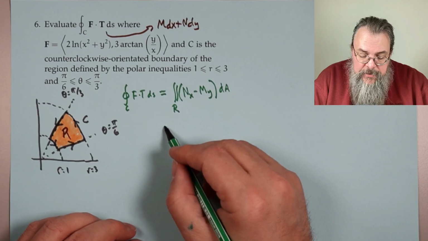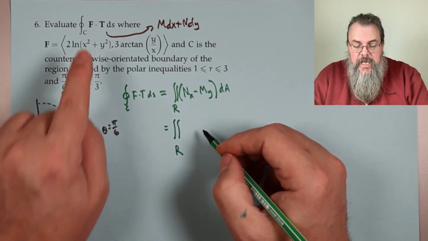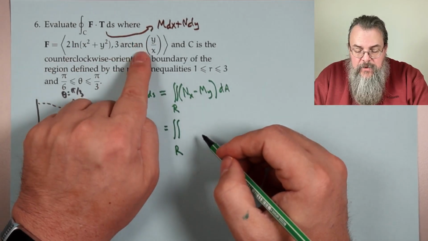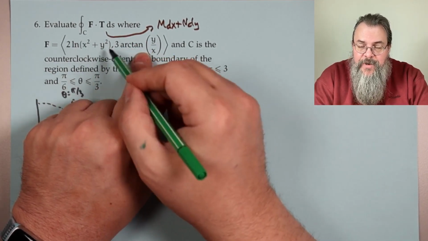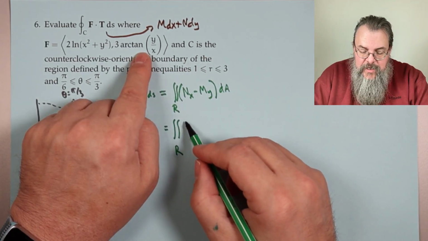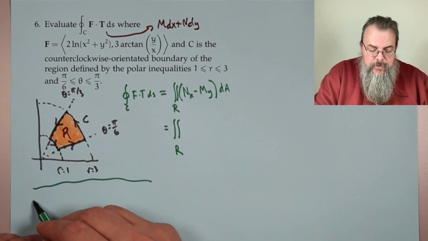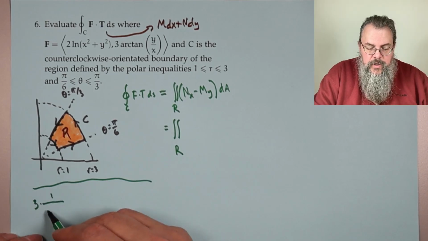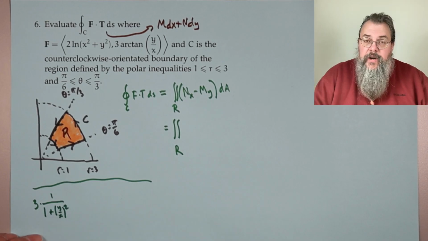So here we're going to have some fun derivatives to work through. Taking the derivative of N. So this part is your M comma N. So let's see, arctangent. Maybe I should take that down here. So we're going to have 3 times 1 over 1 plus (y over x) quantity squared.